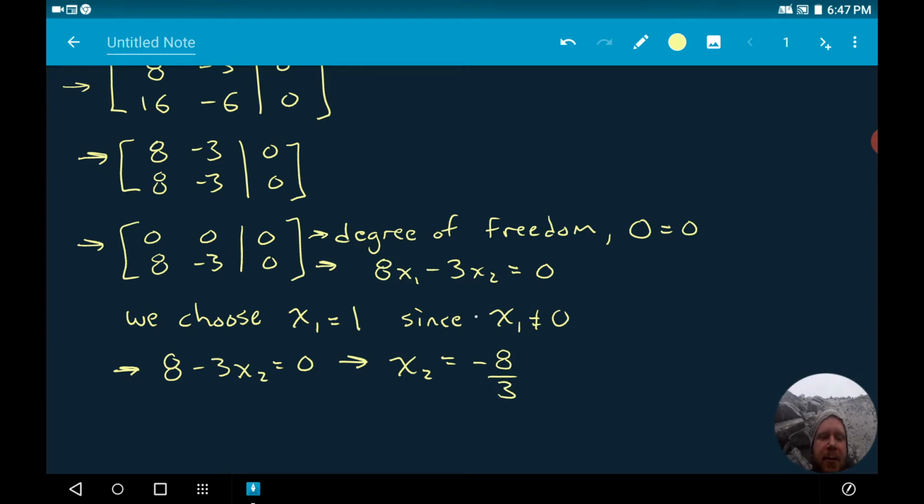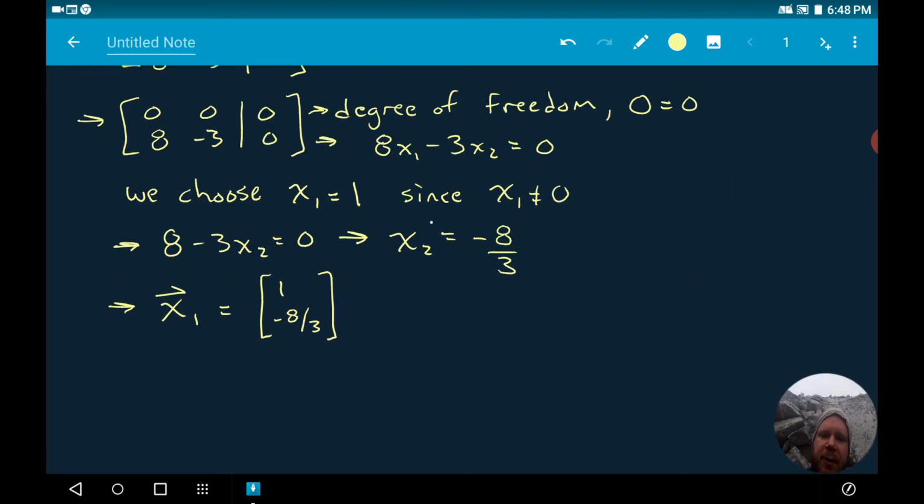So x2 is going to be equal to negative 8/3. These are just the values that you get when you choose x1 equal to 1.